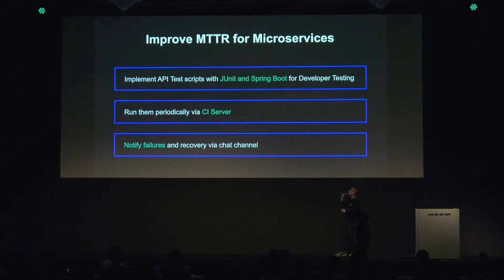And we provided the mechanism for creating such testing code. After that, we would run them periodically via CI server, both in the production environment and also in the development environment. Every 5 or 10 minutes, the API test that was created would be run.